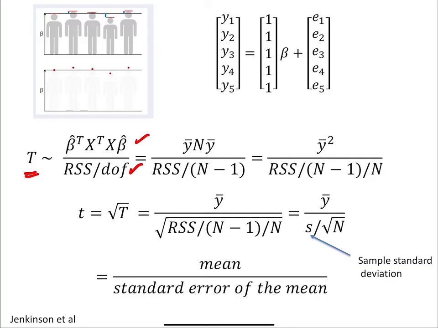If we work through that for this example, and we say that t equals the square root of our general t statistic, then what we end up with is our average height estimate divided by the sample standard deviation divided by the square root of n, which most of you know as the standard error of the mean. So this is the mean divided by the standard error of the mean, essentially what you're probably familiar with from other courses on what the t-statistic should look like.